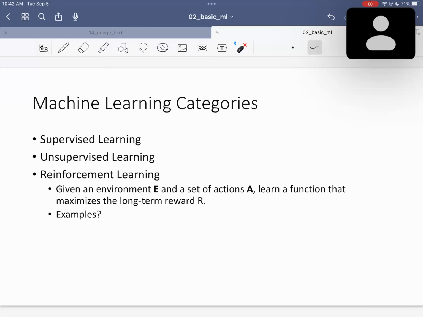For example, in Go, 바둑이죠, Go. Your environment is the Go board, 바둑판이죠, Go board. And the set of actions is putting your stone in any allowed position in the grid, right? So that will be your set of actions, and your long-term reward is either you win or lose, right?